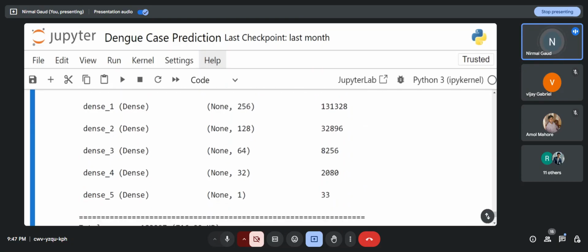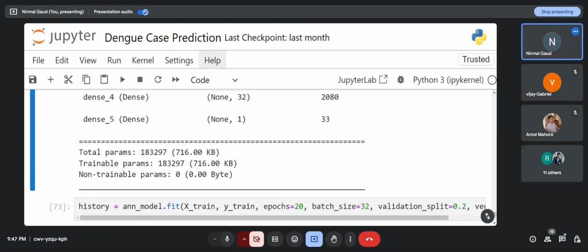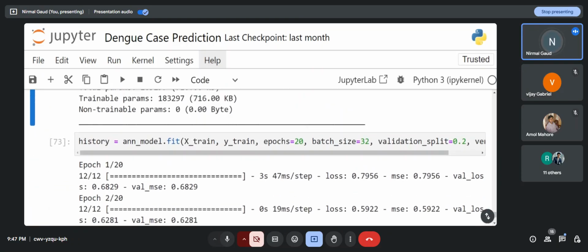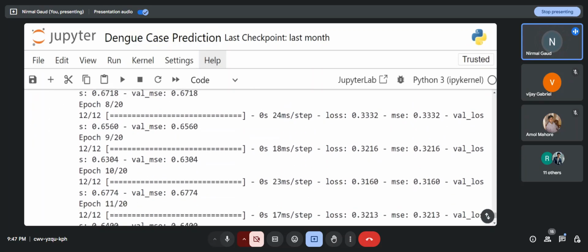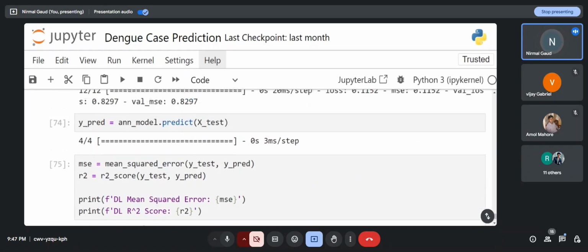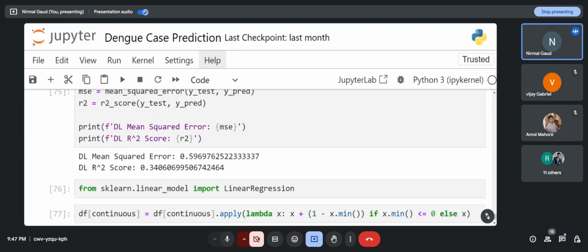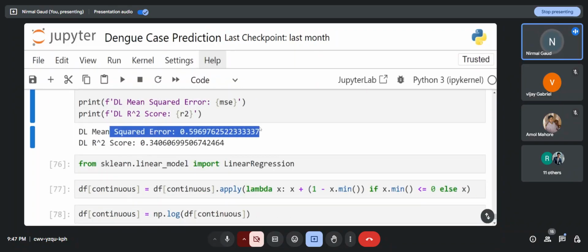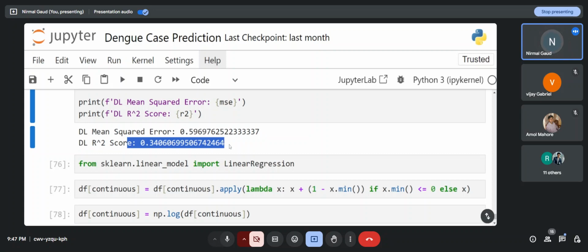I summarized my model and trained it with 20 iterations. In the training, I got MSE as 0.59 and R2 as 0.34. This is also a good model. Deep learning is also a good model for this. Not an issue.